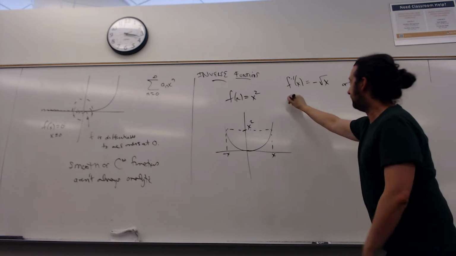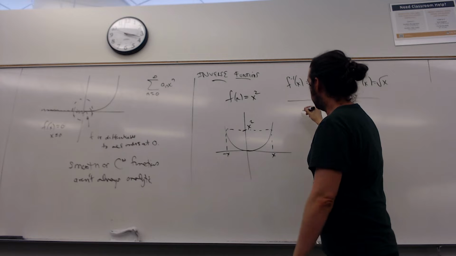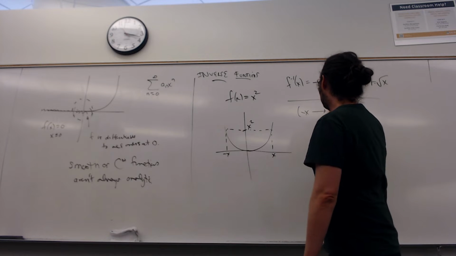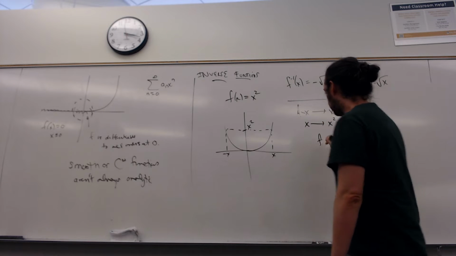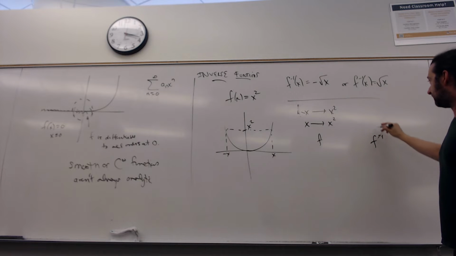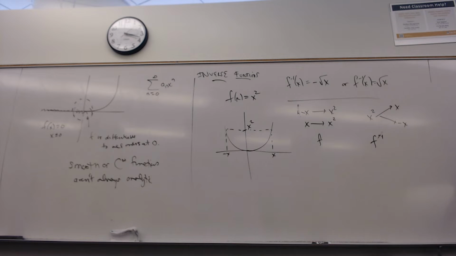So if you want to loosen up your idea of what a function can be, one way of thinking about f inverse is, well, if minus x gets sent to x squared, and also x gets sent to x squared, that's what f does, then you could think about f inverse as taking x squared and sending it both to x and minus x. So there's a way of viewing the function as what's called a multi-valued function. It's a 1-to-2 function.